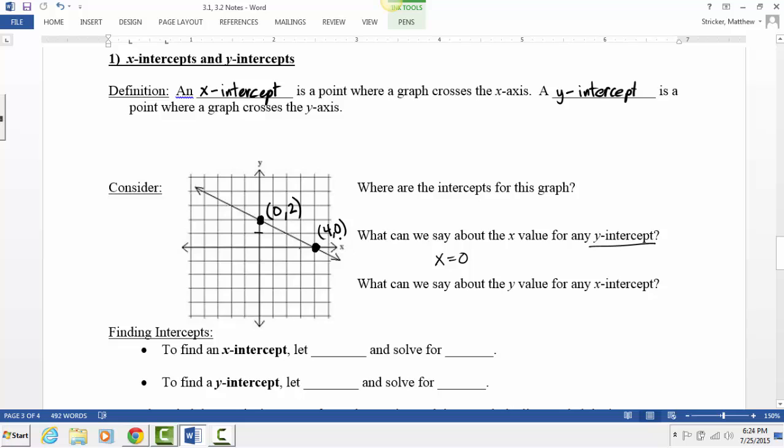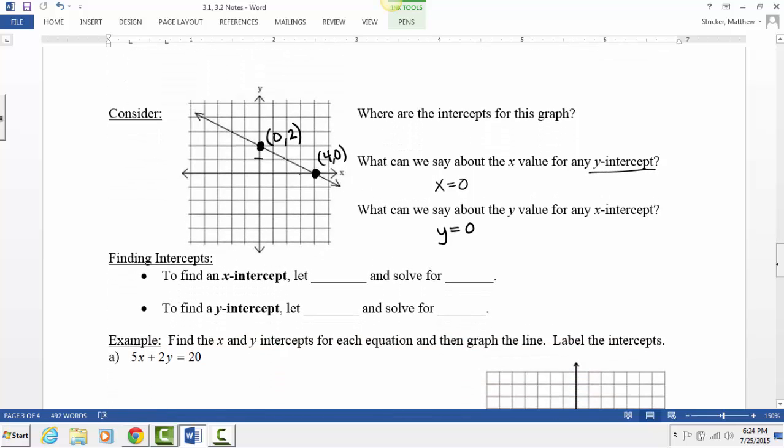The y value is also 0. We're going to use this to our advantage to actually formulate a method for finding x-intercepts. If we want to find the x-intercept, all we do is we let y equal 0 and we solve for x. And likewise, if we want to find the y-intercept, we let x equal 0 and we solve for y.